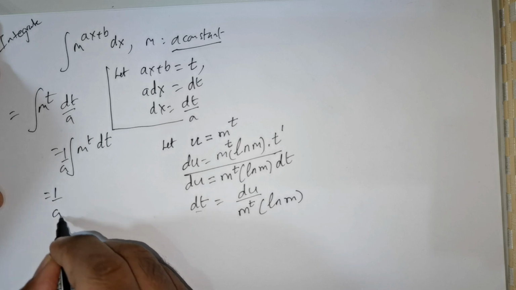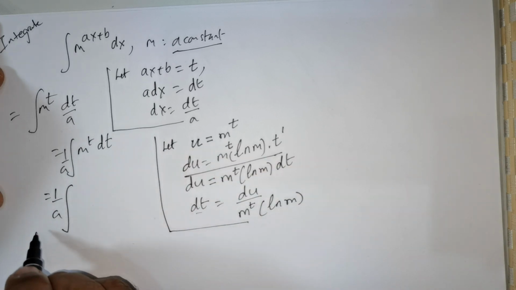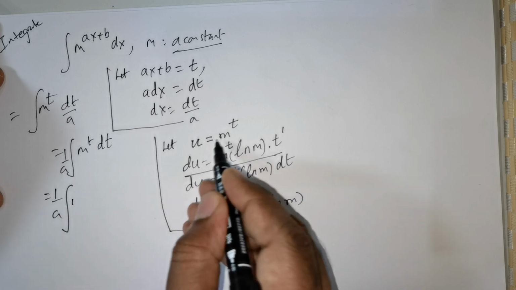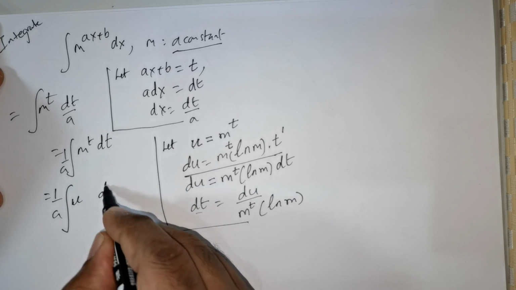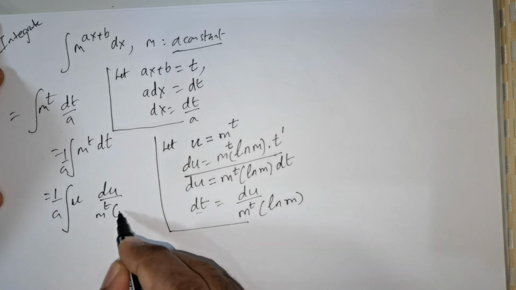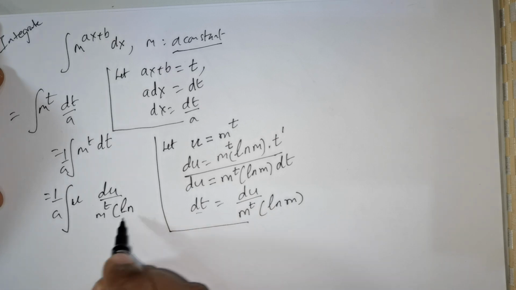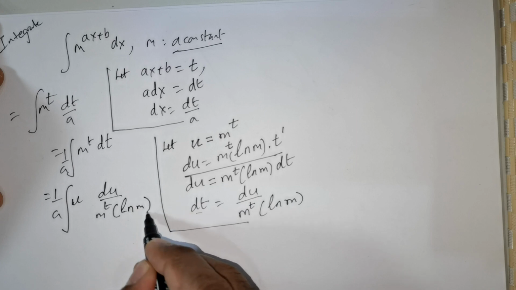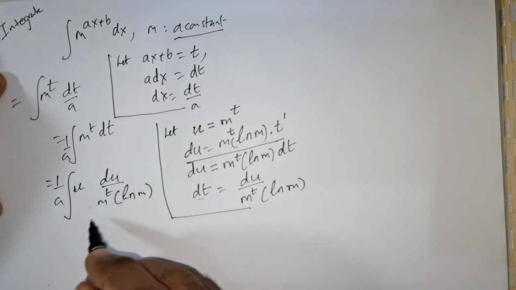So this is rewritten as 1 over a times integral, m raised to the power of t is equal to u. In place of dt, it's going to be du over m raised to the power of t times ln of m. But this m raised to the power of t has to be replaced.